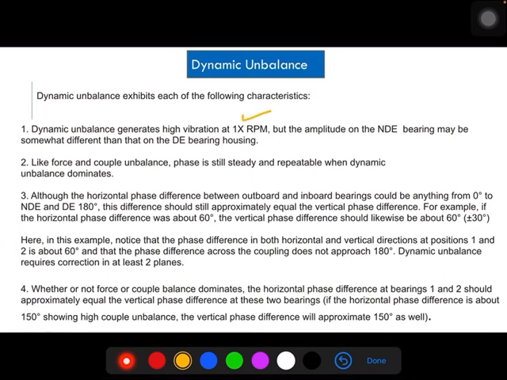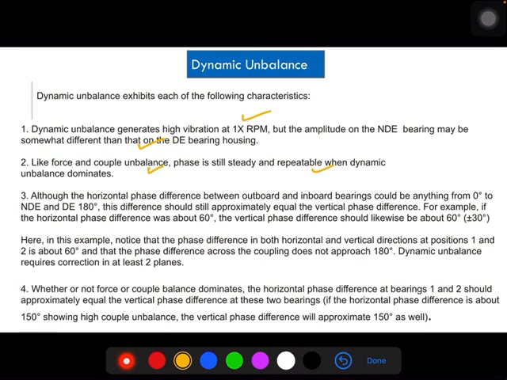but the amplitude at the NDE bearing may be somewhat different than the DE bearing based on the mass distribution on the impeller. Like force and couple unbalance, phase is steady and repeatable when dynamic unbalance dominates. Although the horizontal phase difference between the outboard, meaning NDE, and inboard, meaning DE, could be anything from 0 to 180 degrees, the difference should still be approximately equal to the vertical phase difference.